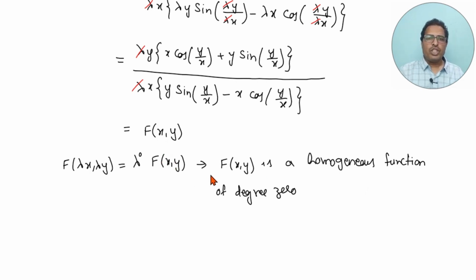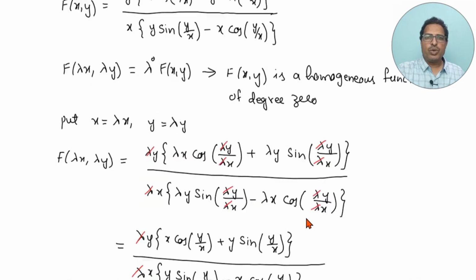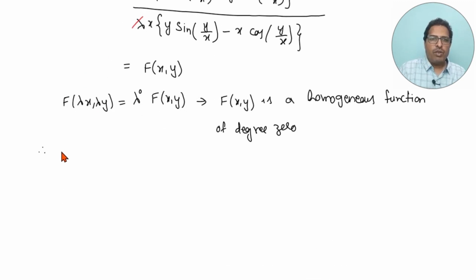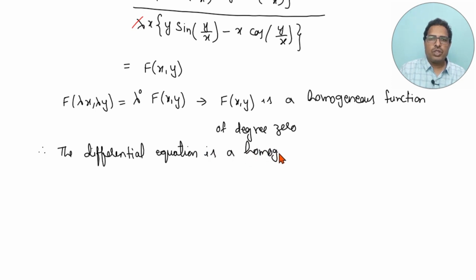So if this function is a homogeneous function of degree 0, then the given differential equation over here will be a homogeneous differential equation. Therefore, the differential equation is a homogeneous differential equation.